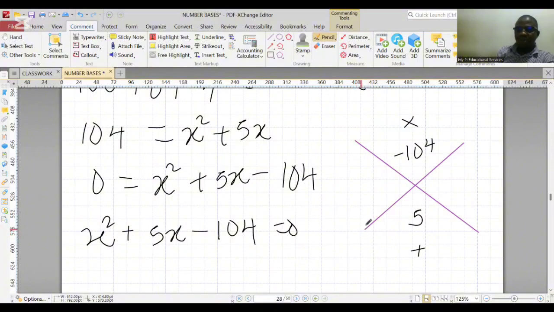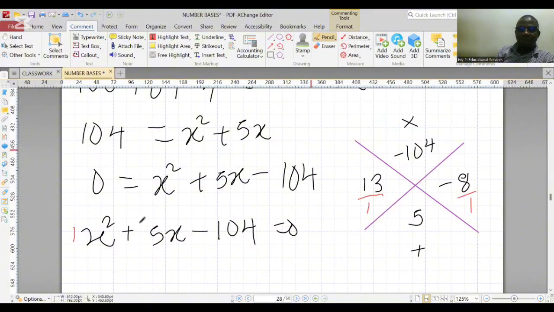So the numbers would be 13 and negative 8. 13 times negative 8 will give you negative 104, and 13 minus 8 will give you 5. So we divide by the leading coefficient. The leading coefficient here is 1, so we divide by 1.